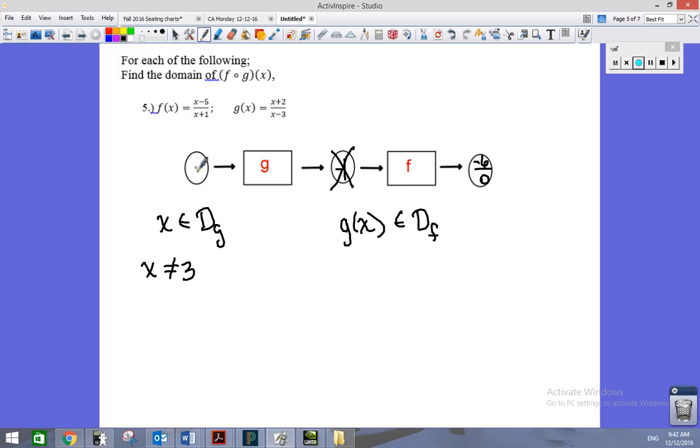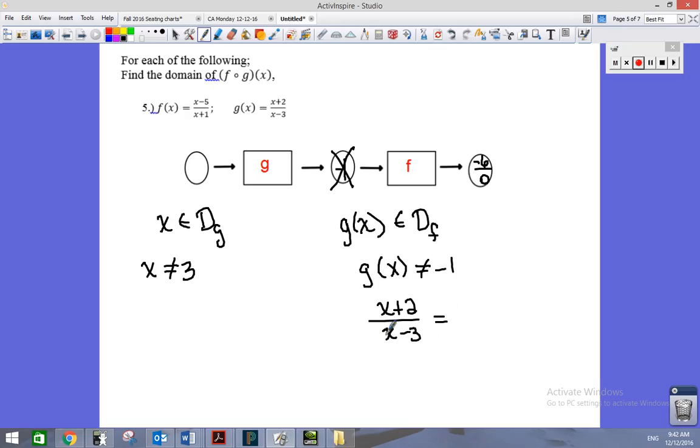But we first have to figure out what value of x you plug into g to get that output of negative 1 so you can avoid this ever happening. g of x, the output, can't be negative 1. So what was the input into g that caused this disaster that we want to prevent? g of x is this fraction, x plus 2 over x minus 3.